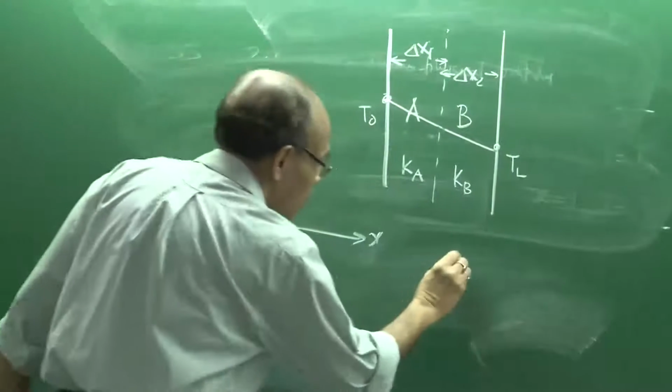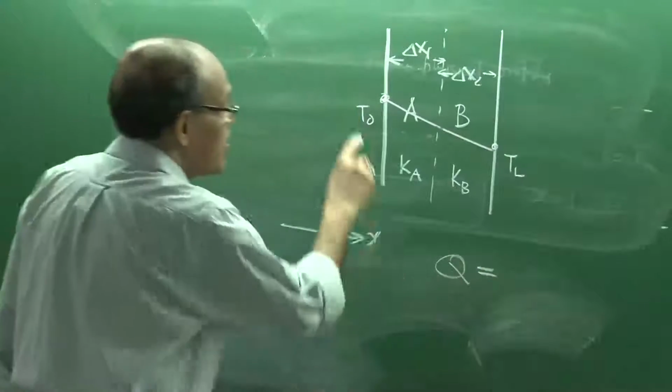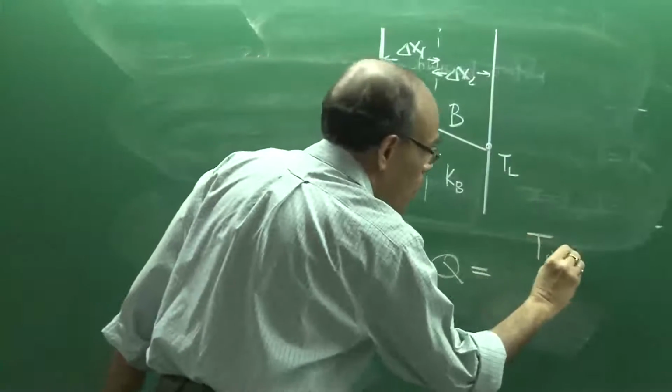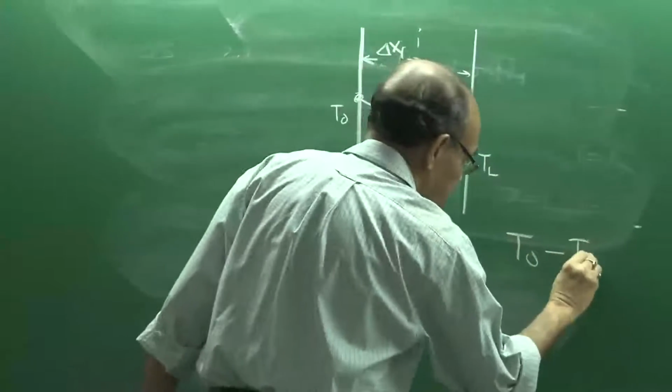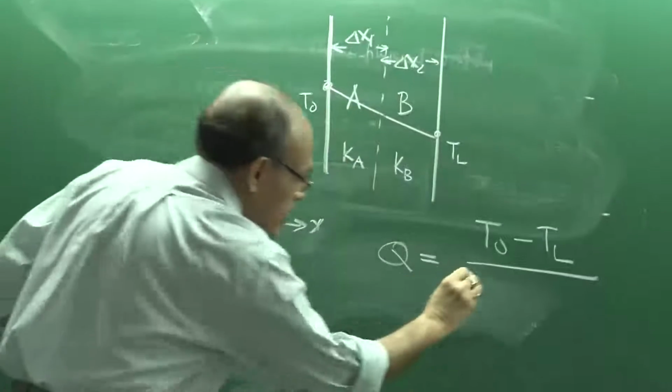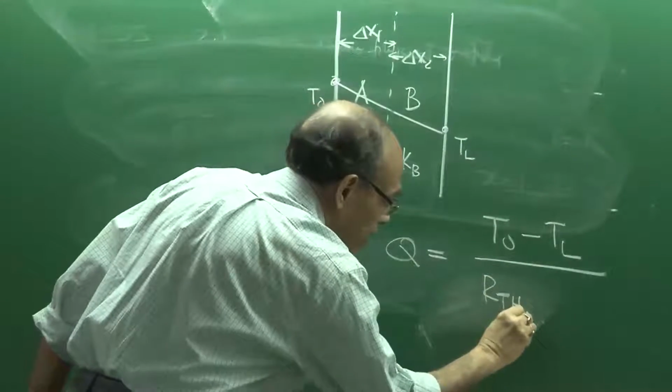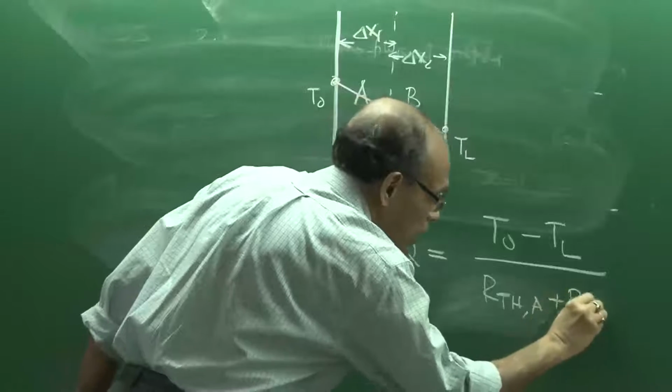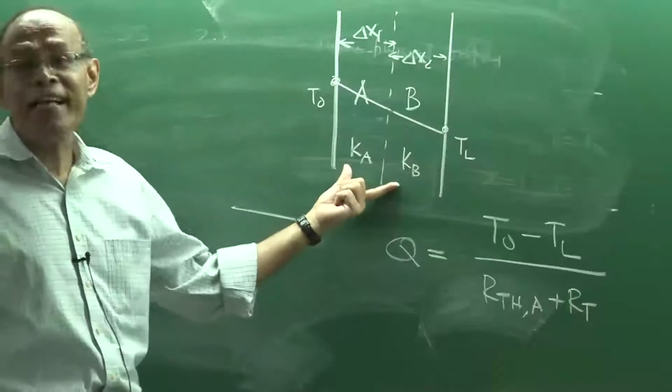In this particular case we can say Q is equal to T0 minus TL divided by the total thermal resistance, which is R thermal A plus R thermal B, because they are operating in series.